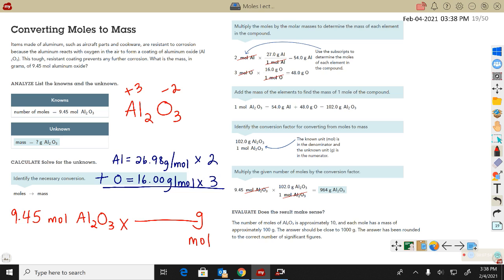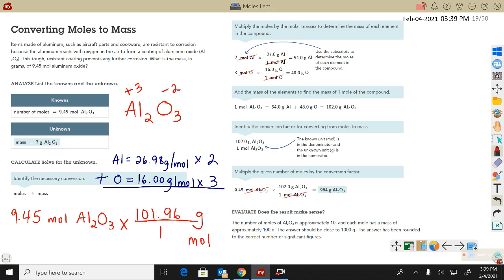Not a tricky calculation. 26.98 times 2 plus 3 times 16. So I get about the same answer that they do, with a little more precision, which just means a few more decimal spots. I'm getting 101.96.